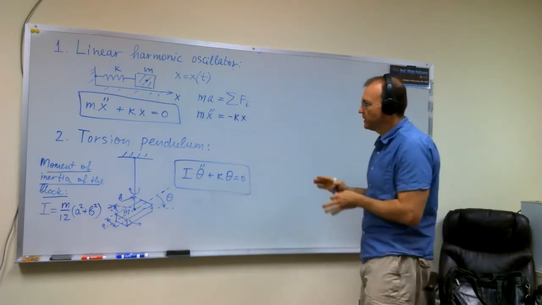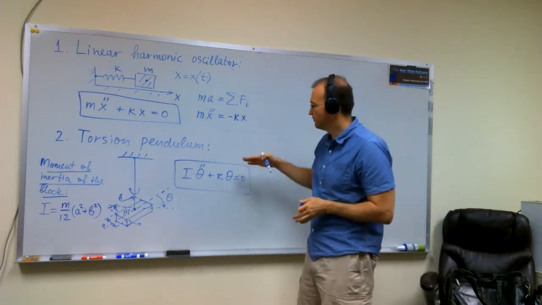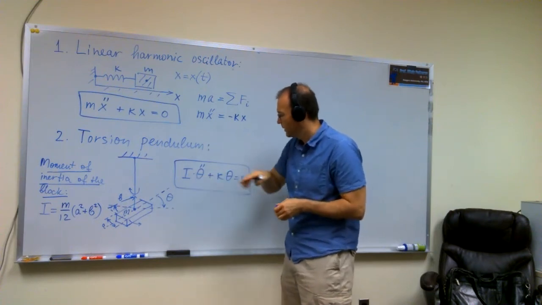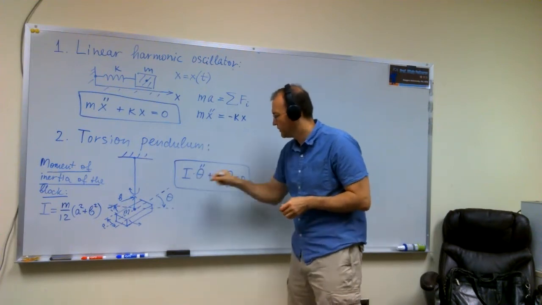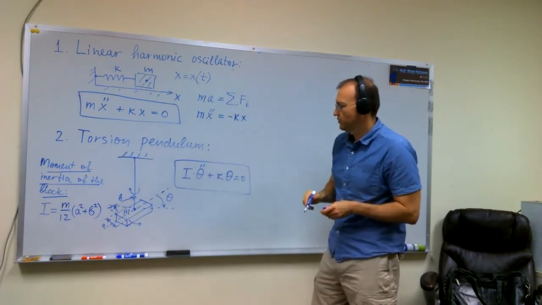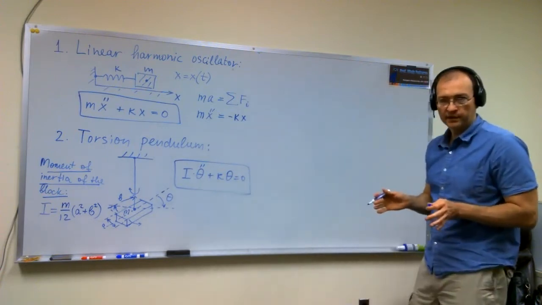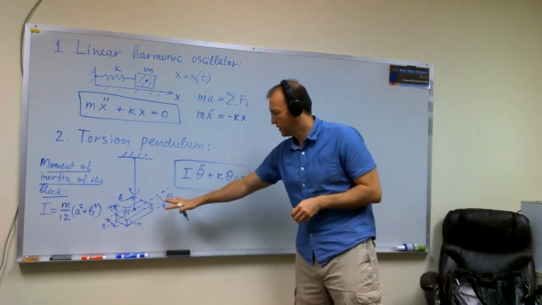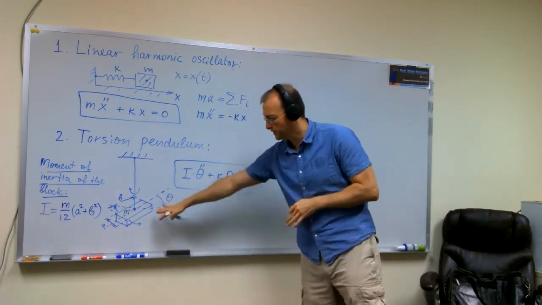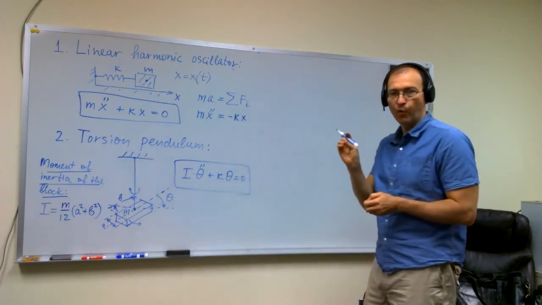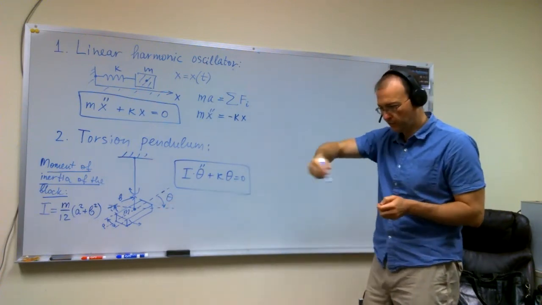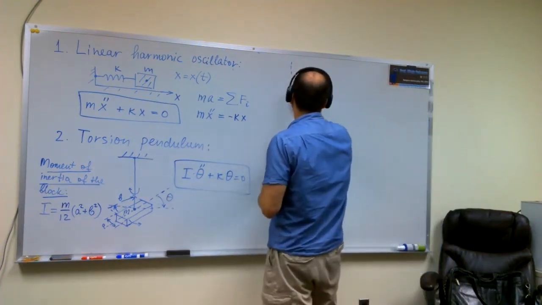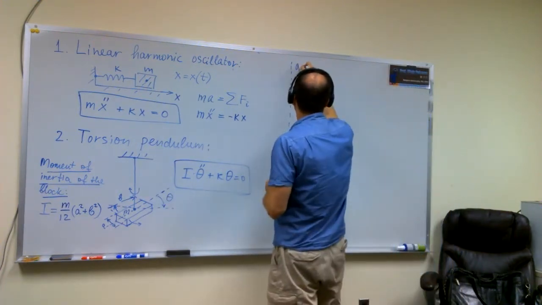So the question I was getting from students is, how do we get to this point? Why are we using moment of inertia instead of the mass and so on? So the best way to answer this question is to consider a problem simpler than this, okay? So let's consider a point mass rotating in a circle. Now we're considering the axis of rotation.